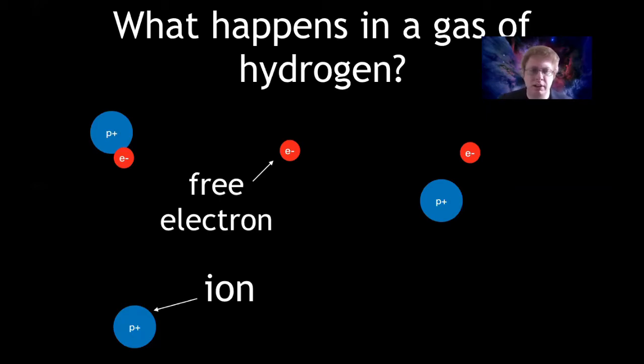An ion is a nucleus of an element that has the same number of protons as it would normally, but it is either missing an electron or has extra electrons. In this case, this hydrogen nucleus is missing an electron, therefore it's an ion, and we say that this atom has been ionized.